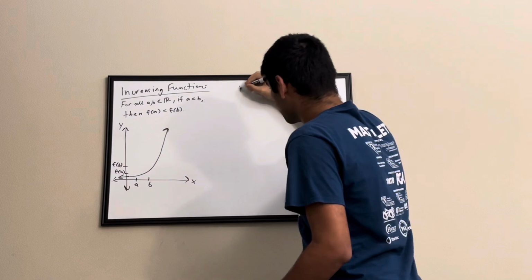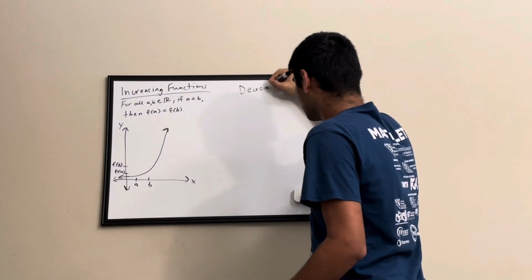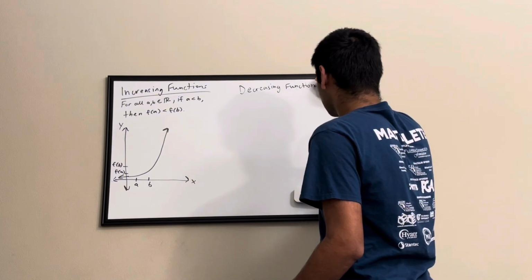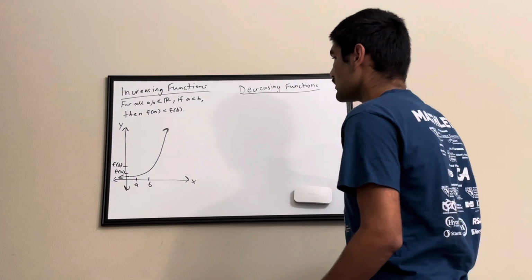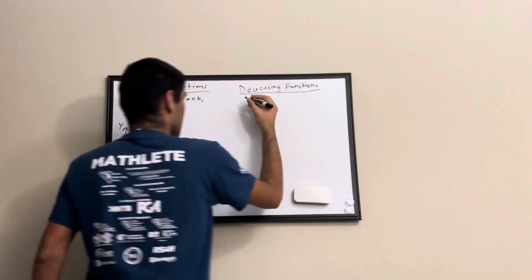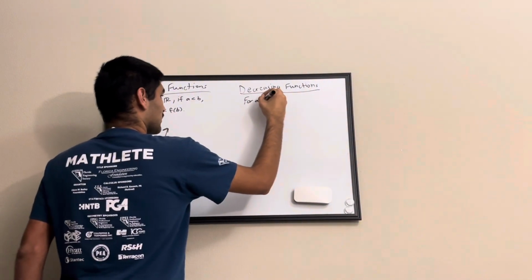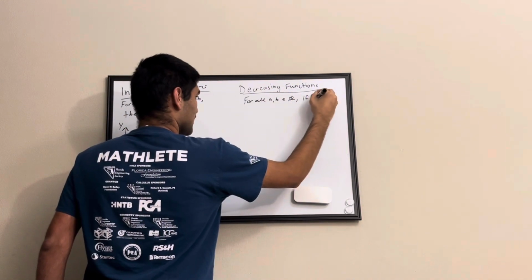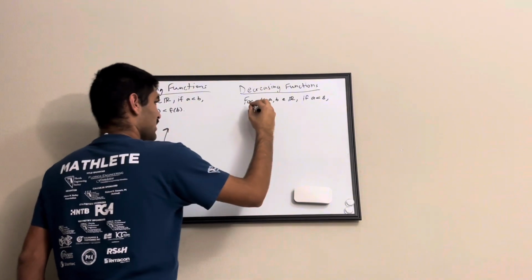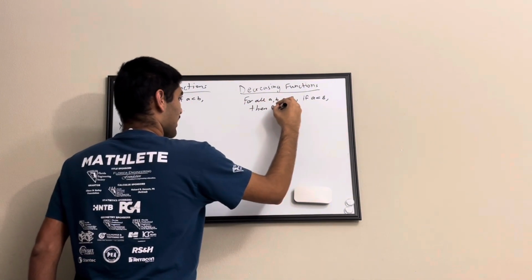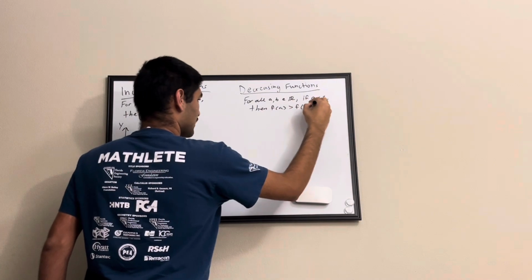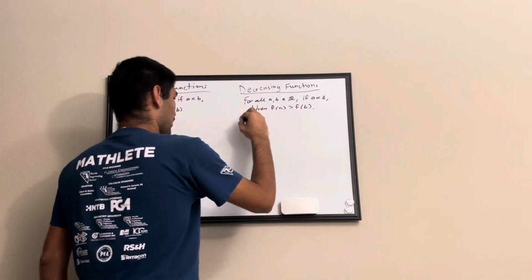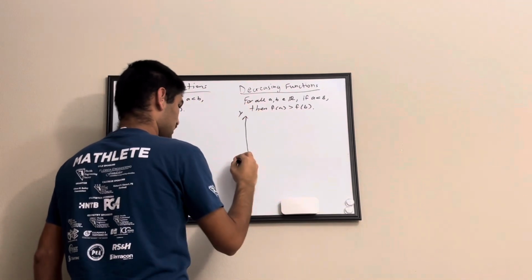Okay, so decreasing functions follow a similar argument. The formal definition is: for all a and b in the real numbers, if a is less than b, then the key difference is f of a is greater than f of b. If we draw a graph again, it would look something like this.